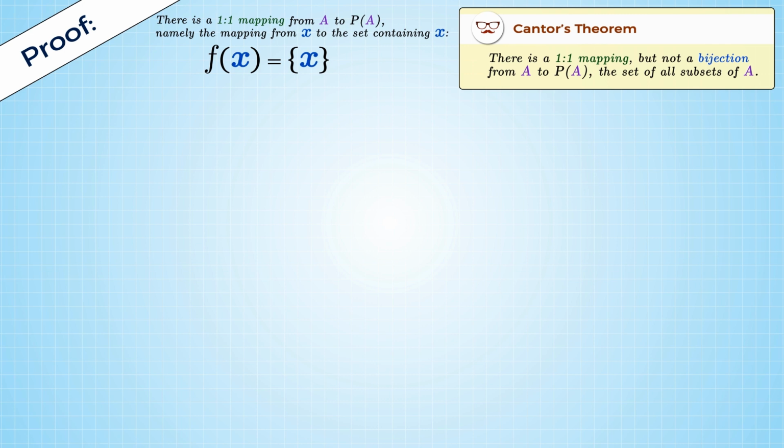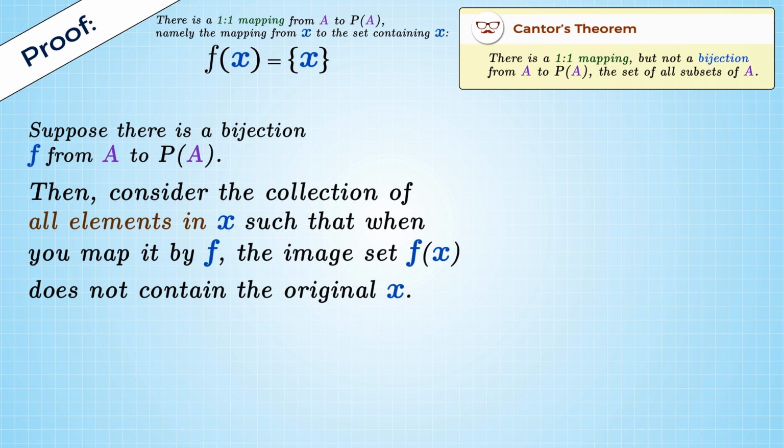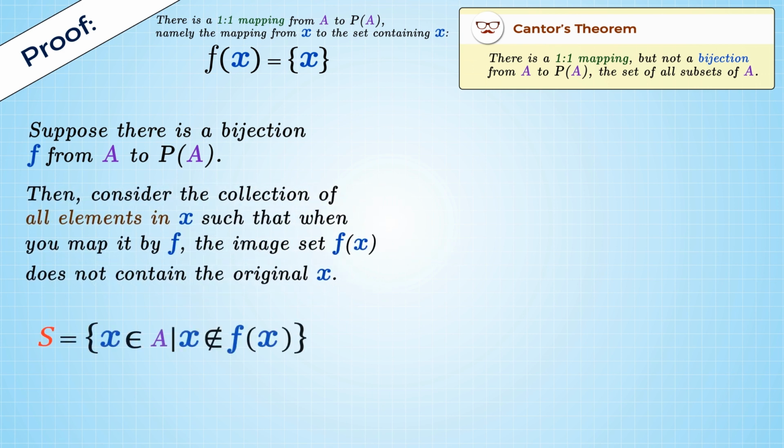So let's prove that no bijection exists. Suppose, for the sake of contradiction, there is a bijection f from A to P(A). Then consider the collection of all elements x such that when you map it by f, the image set f(x) does not contain the original x. So S equals {x in A : x is not in f(x)}.